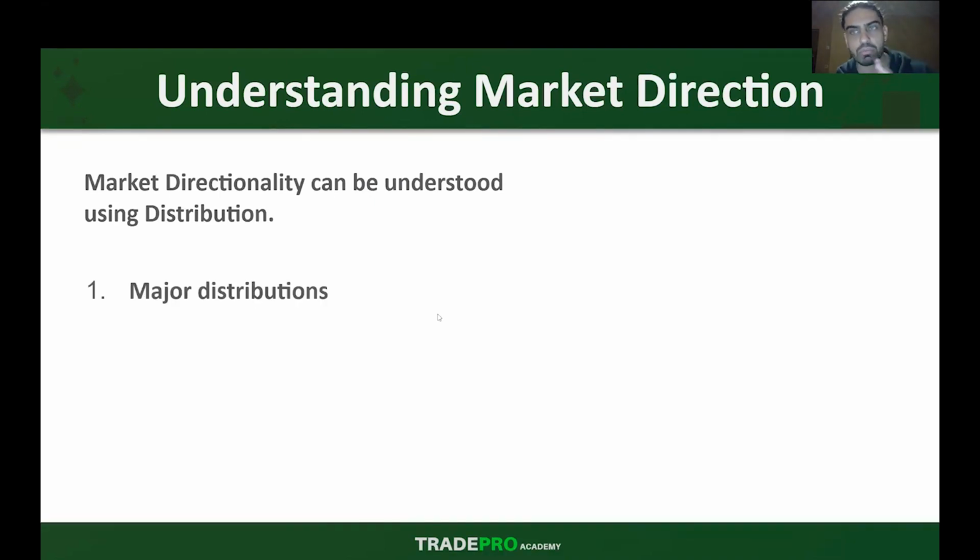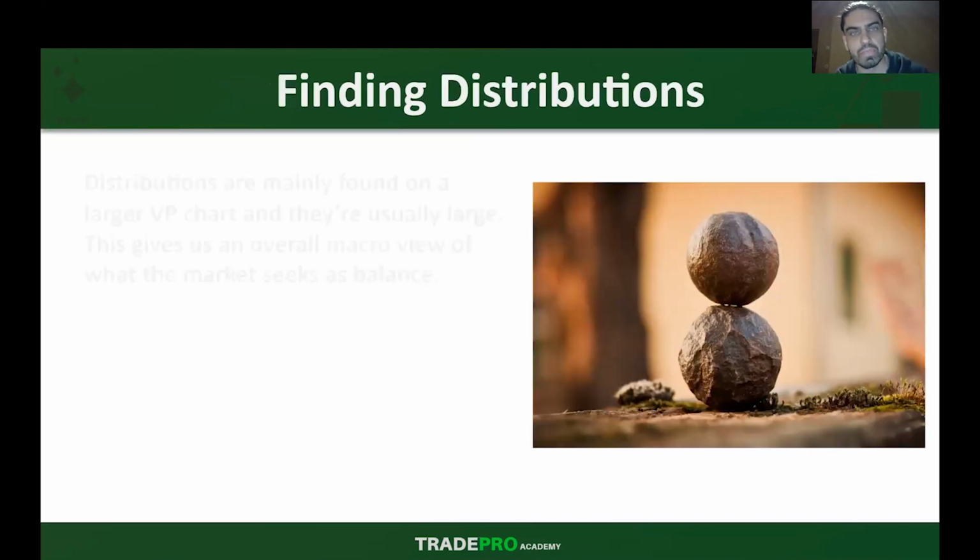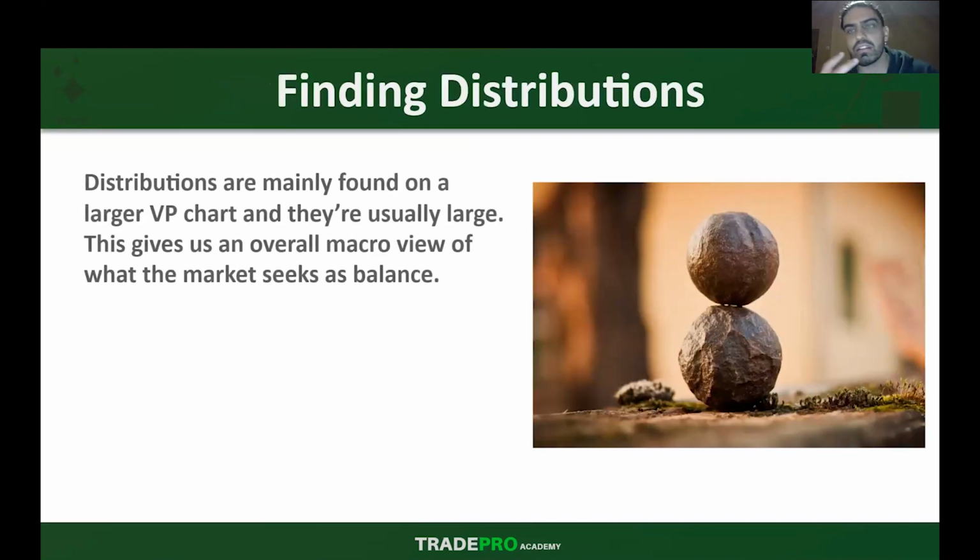So major distributions, prior session volume profiles. These are very, very important to understanding directionality in the market. When we look at distributions, finding distributions are mainly found on a larger volume profile chart, right? You look at multiple days at a time of a volume profile, and that's where you'll find the big distributions.